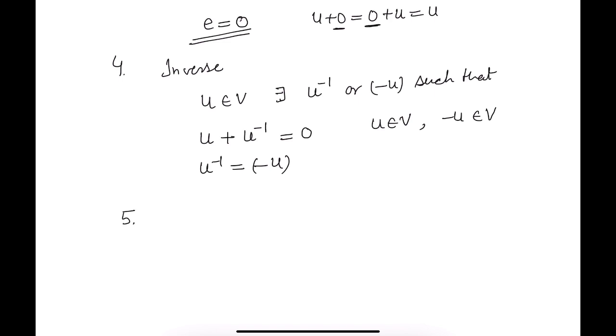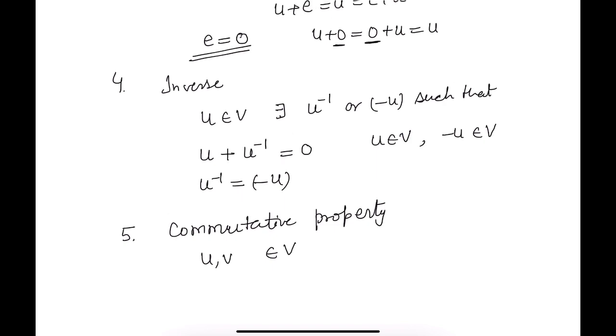The fifth property is the commutative property. So what is this commutative property? We have two elements u, v belonging to v. If we change the order of operation, u plus v is the same as v plus u.